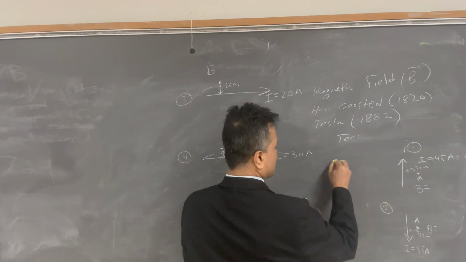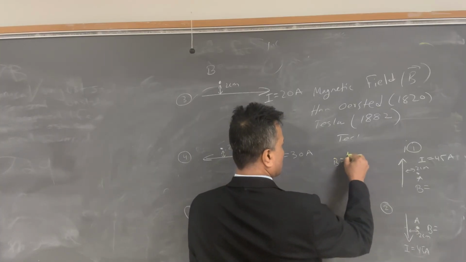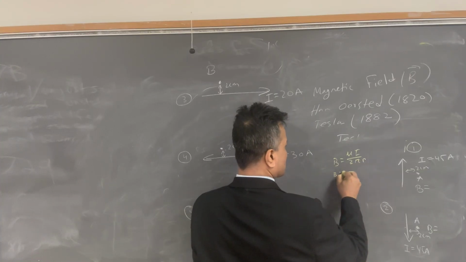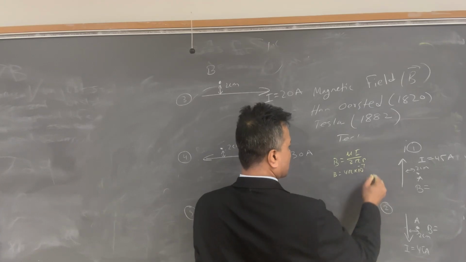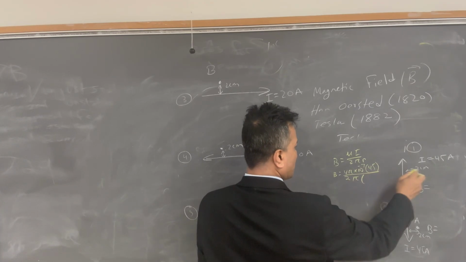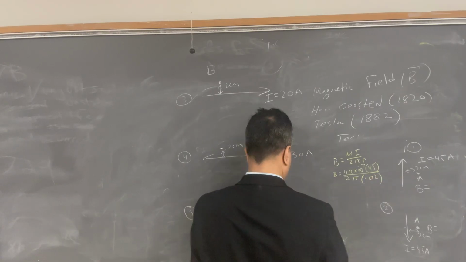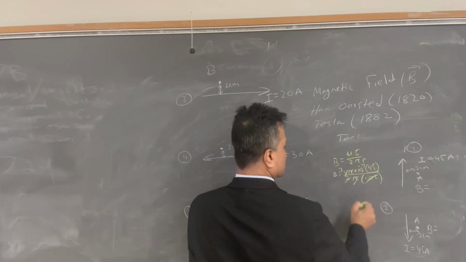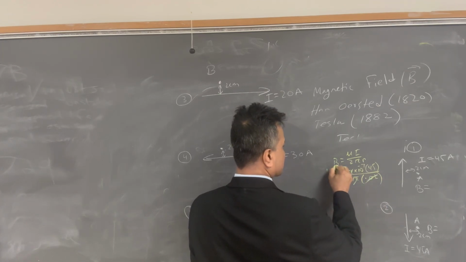The magnetic field for this one is mu current over 2 pi r. So mu is 4 pi times 10 raised to negative 7. Current is 45. You have 2 pi. You have 0.02. So you see pi cancels. 2 goes into 4 twice. 0.02 goes into 2 100 times.